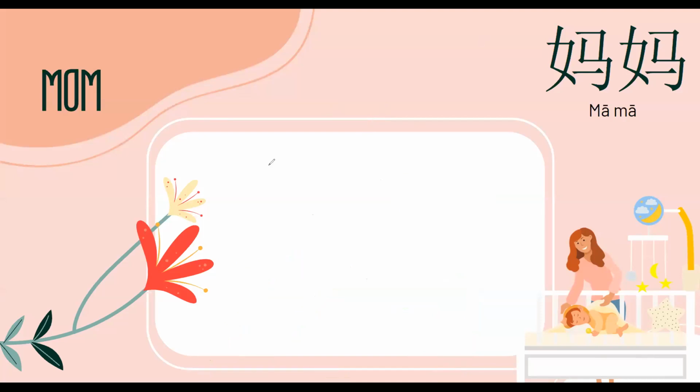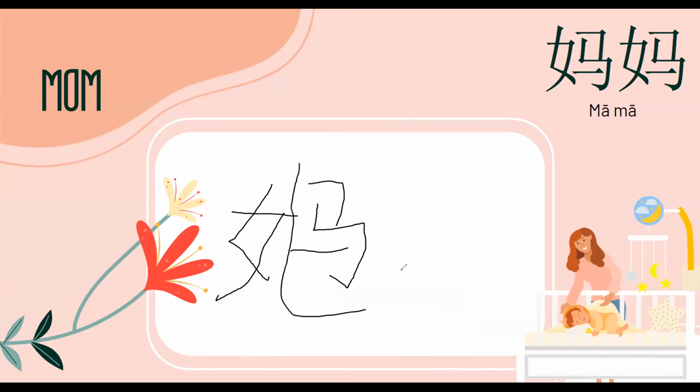So, if we're going to go over the exact brushstrokes, it's this first, then this. On this side of the word, it actually means horse, ma, which we'll learn next week in our animals lesson.